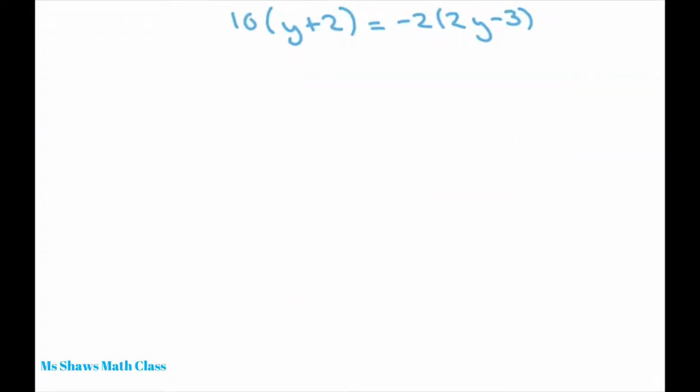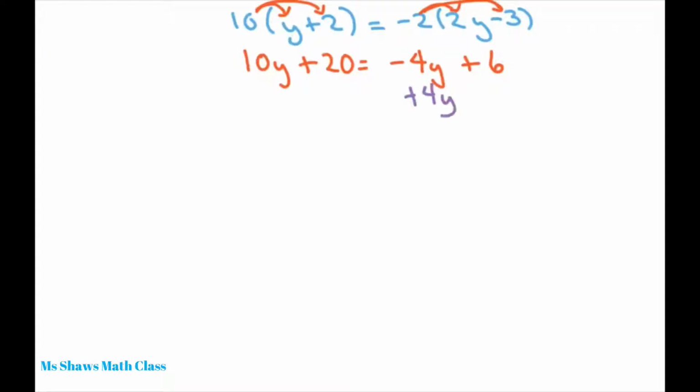All right, let's try again. We're going to use the distributive property on both sides of the equation. So you get 10y plus 20 equals negative 4y plus 6. All right, so I'm going to use my addition property and add 4y to both sides.